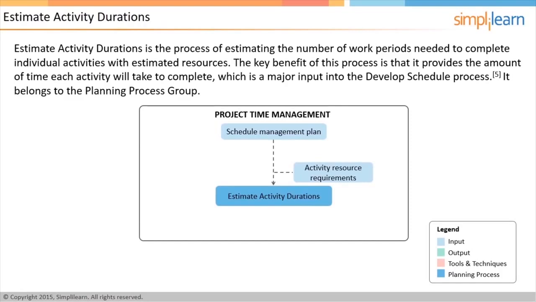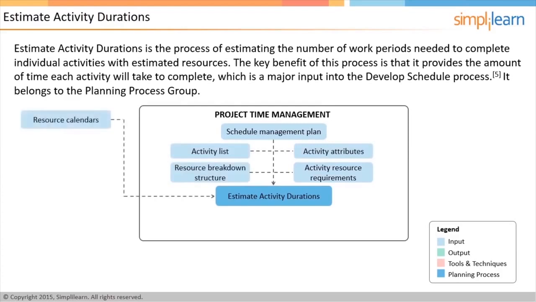The other inputs include activity list, activity attributes, and resource breakdown structure. Resource calendars are also an input to this process. The type and skill set of resources available to the team may have an impact on the time it would take to complete the activities. Risks to the project may influence the decisions about the time required to complete the activity.